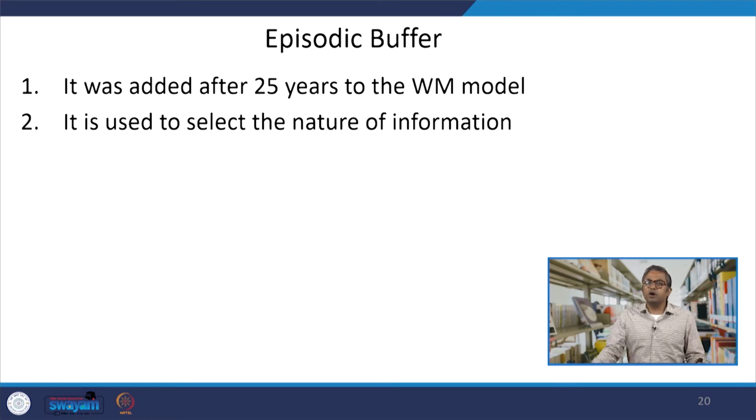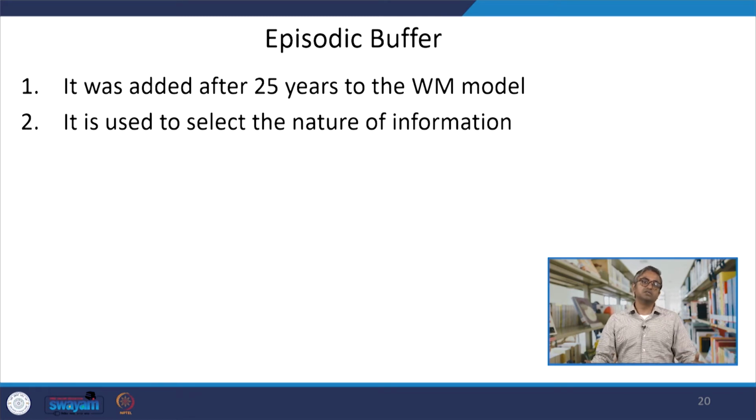The episodic buffer was not added originally when Baddeley and Hitch proposed this model. When they proposed it, only three components were there. Later on, they realized that in human factors, the trend is changing. People cannot process so much information, so there must be inhibition. There must be a system where people are prioritizing or giving preference.